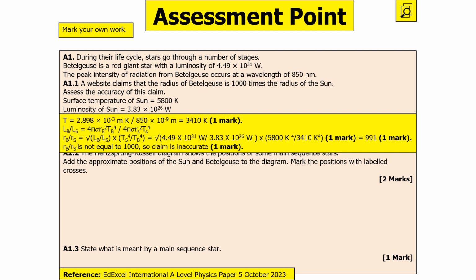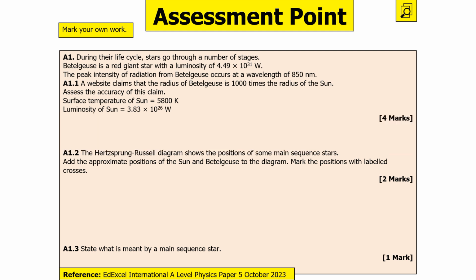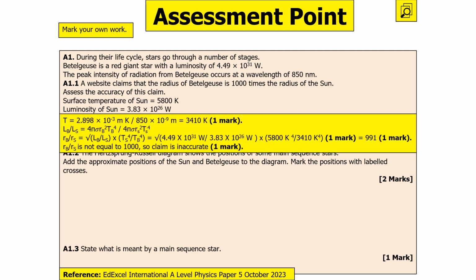We've got the luminosity of the Sun from the question. We can then work out the luminosity of Betelgeuse as well, and we can then equate the two of them, and then we can ratio the two values and work out the ratio of R_B to R_S from those values as shown on the screen. And when you ratio those two values, it's 991. That doesn't equal 1,000, so the claim is actually inaccurate.